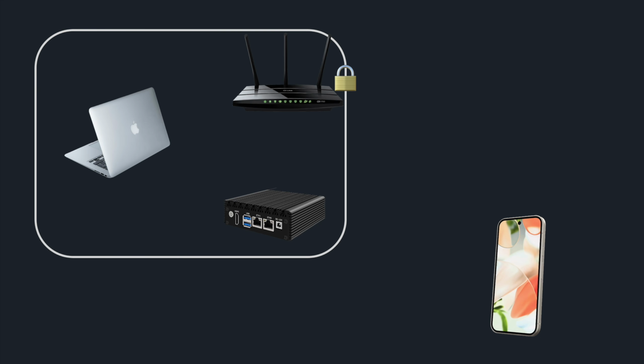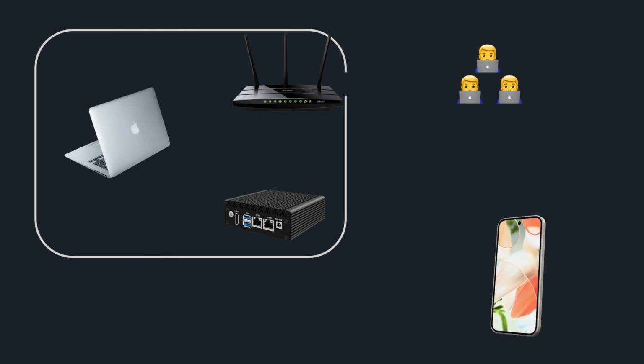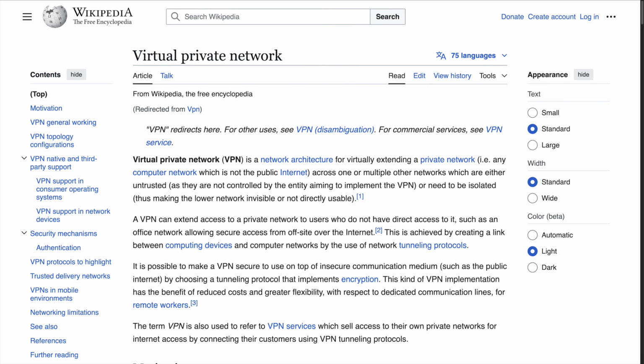By default, we can't reach our home servers and devices from outside because they are hidden from the public internet for safety. One way to access them is through port forwarding, which opens a specific door in our router to the internet. But this method poses significant security risks since it can allow anyone to attempt entry in our network. That's where a virtual private network, or VPN, comes into play.